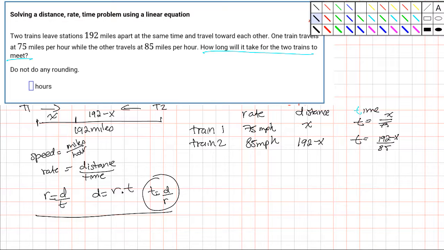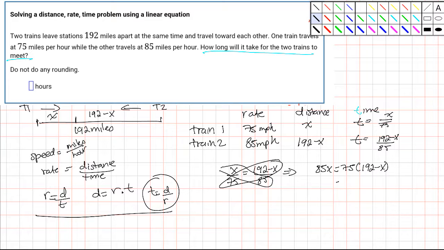Now, since the time for train 1 must equal the time for train 2, I can say that x over 75 should equal 192 minus x over 85. Now, what I have to do is cross multiply. So I have 85x equals 75 times 192 minus x. I have this equation and I have to solve for x.